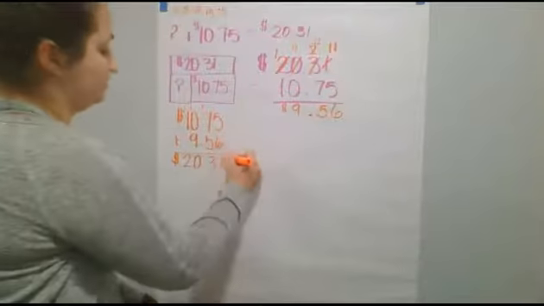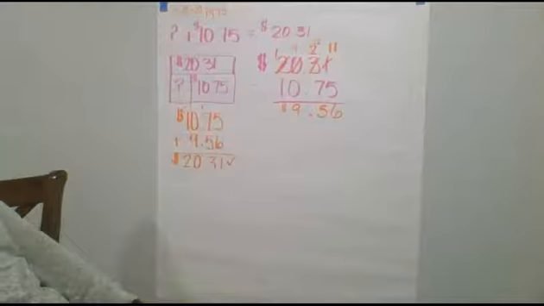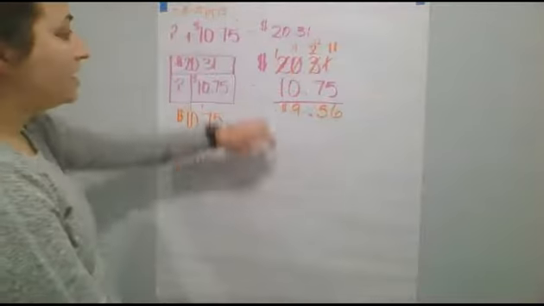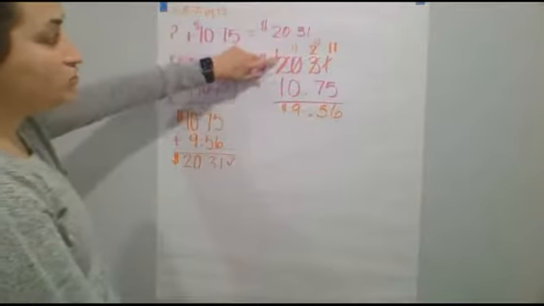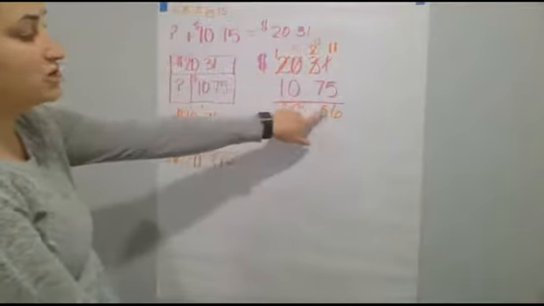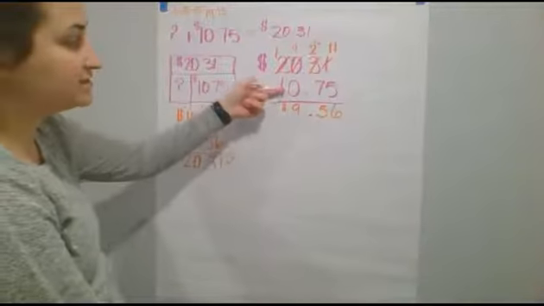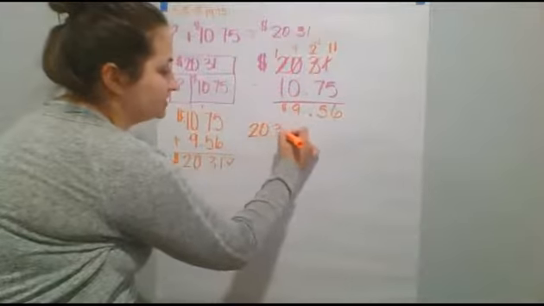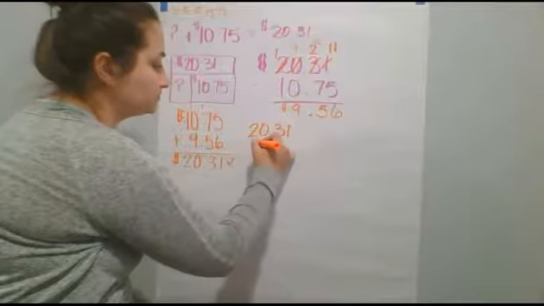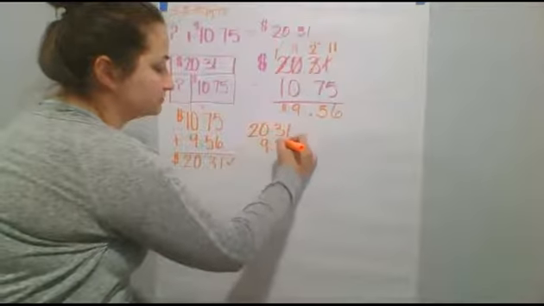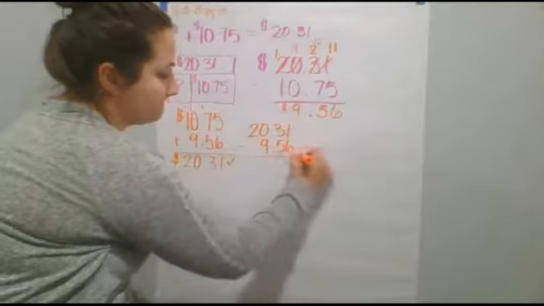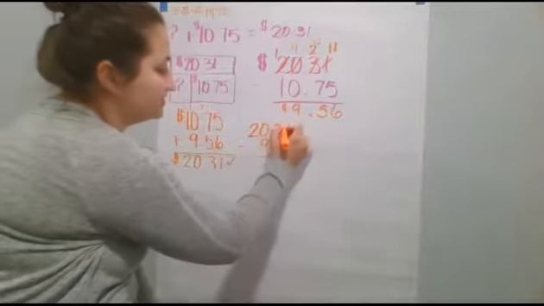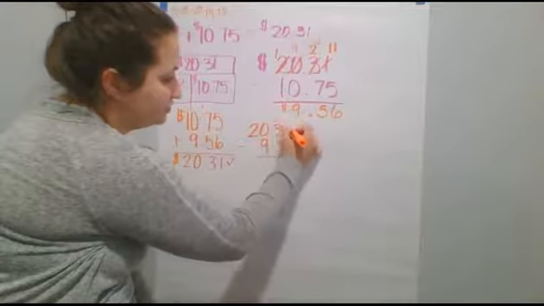And we are correct. Another way you could check your work is to take $20.31 and subtract $9.56, and you should get this amount as well. So we could try it that way if you wanted to subtract again to check your work. I borrow from my 3 again, make that a 2.